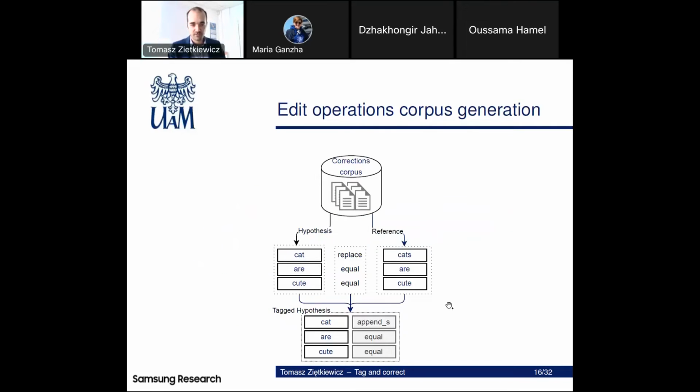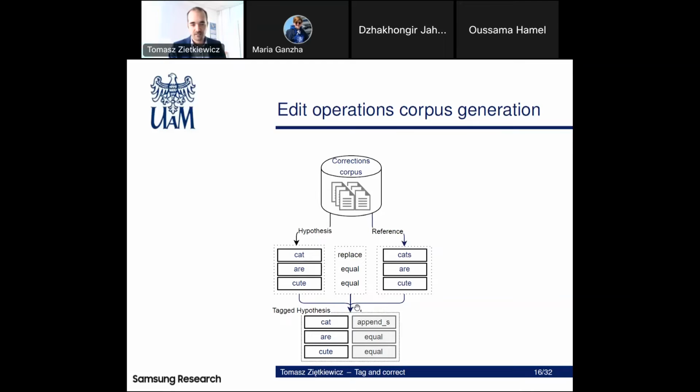So if it wasn't clear from the description, I hope it will become clear after seeing this image. So here we have this parallel corpus of hypotheses, which are possibly incorrect, and references, so correct sentences. We align them. Here the example is simple. There is no problem with the alignment. We can see that words 2 and 3 are correct, but the first one is changed. So from the alignment, we see that we have to do something with the first word.